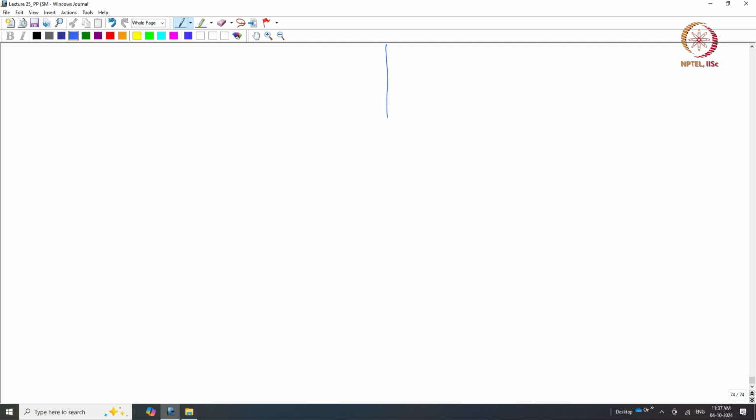So to illustrate that, I'm going to show a plot of the forward backward asymmetry as a function of the center of mass energy in this problem.